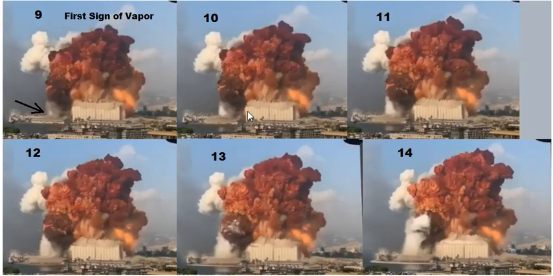The difference between 10 and 11 in that shape tells me that at 11 this little bit of vapor is right about dead even with this side of the grain elevators. So I think it's fair to say that the first sign of vapor on this side of the grain elevators is either frames 11 or 12.